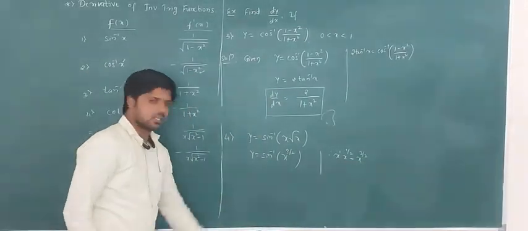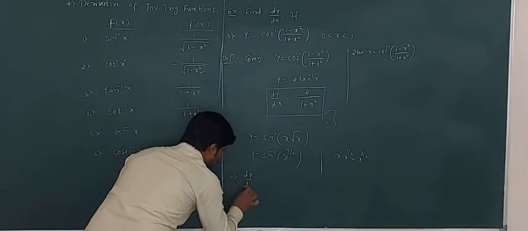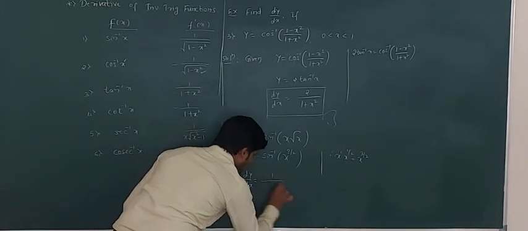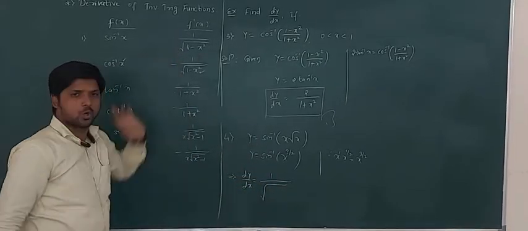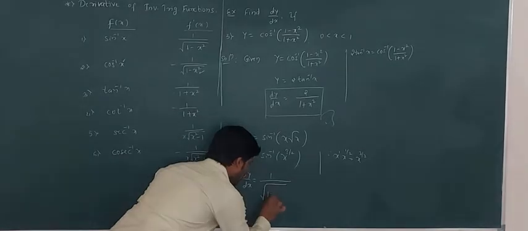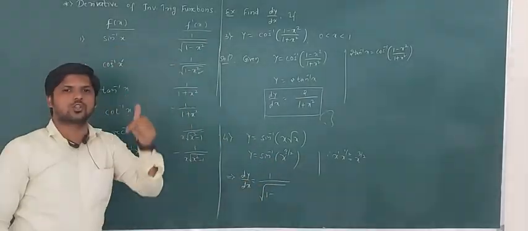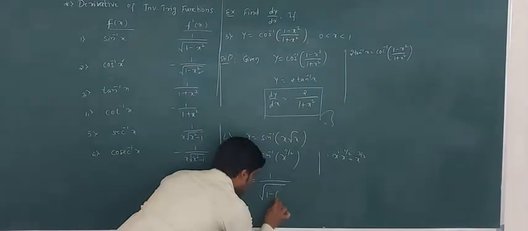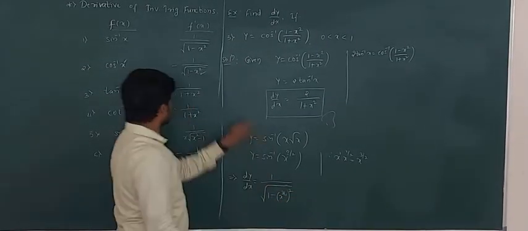Now differentiate this function with respect to x. So therefore dy by dx equals 1 upon square root of 1 minus. Comparing these two, in place of x we have x to the power 3 by 2. So therefore x to the power 3 by 2 whole square, because it is x square.